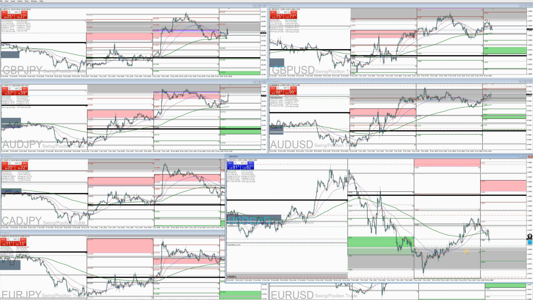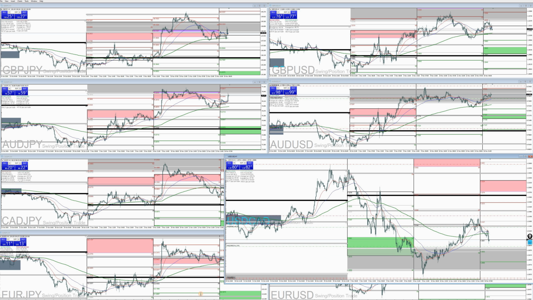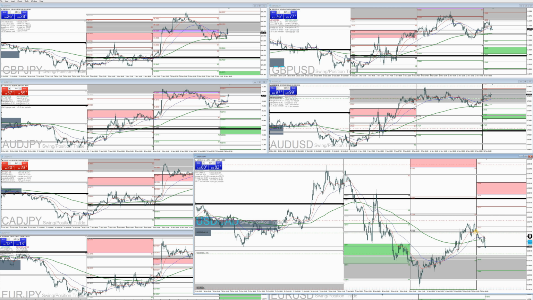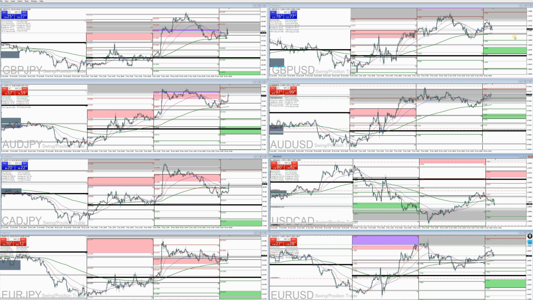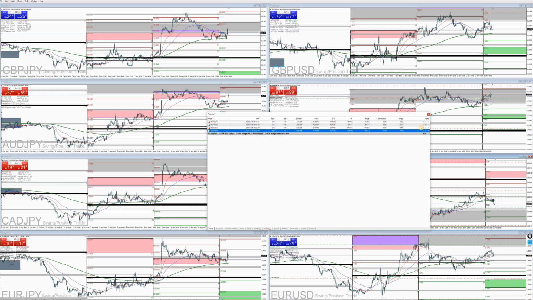That was the only swing entry that I made. We got in right in here, right at market open. I already reduced risk on that one. That's this guy right here. The other ones are from last week.